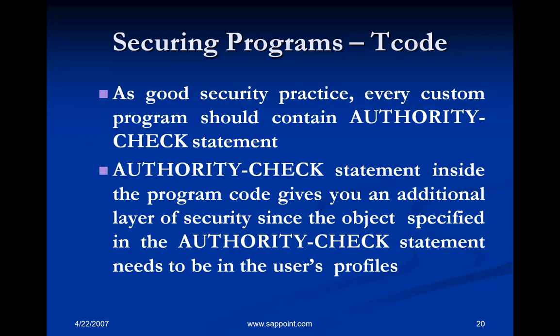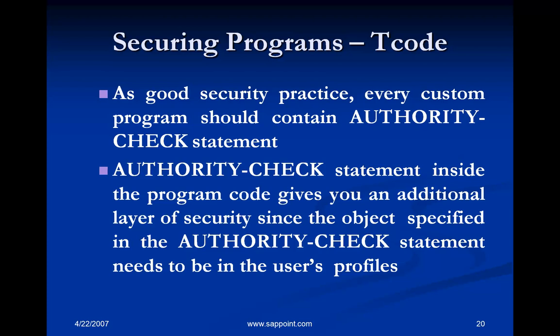Again, as a good security practice, every custom program should contain an authority check statement. An authority check statement inside the program code gives you an additional layer of security, since the object specified in the authority check statement needs to be in the user's profile. The authority check statement is written using authorization objects.